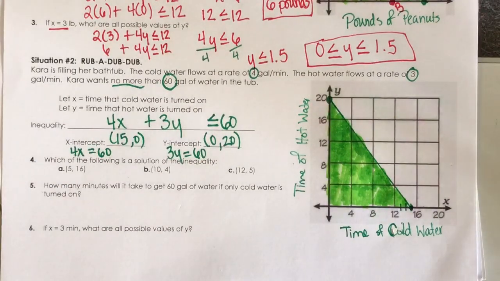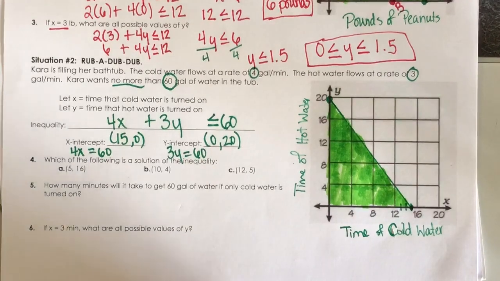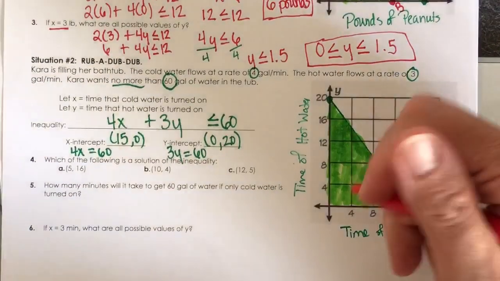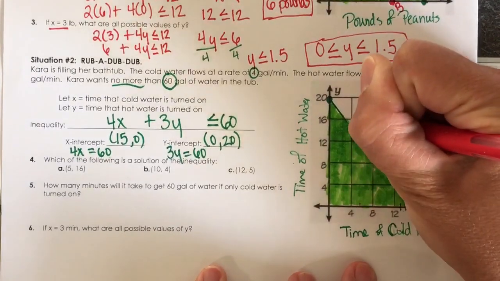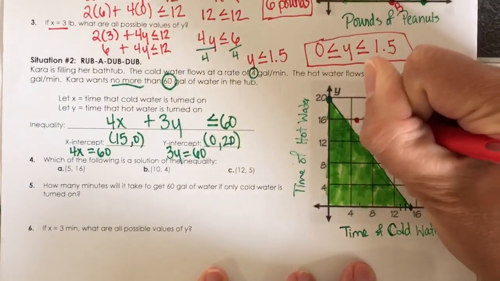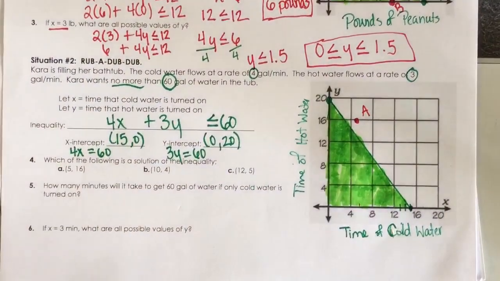Now we're going to check our solutions. So is (5, 16) a solution? This one might be a little hard to tell. It looks like it falls out. So I'm going to want to check it.